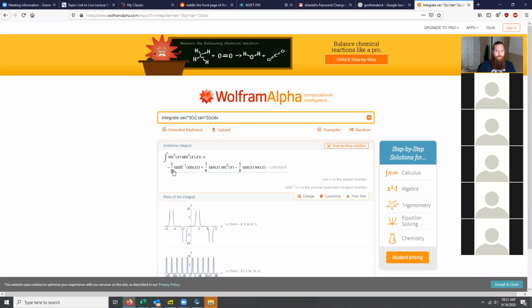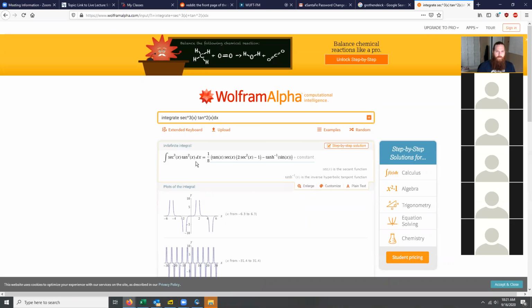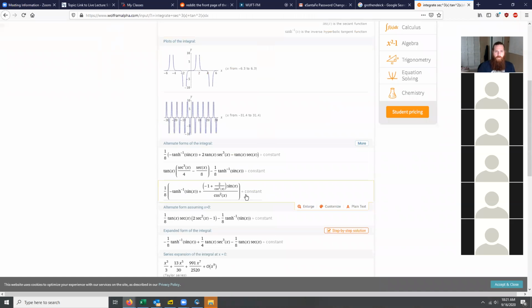So they're giving the natural log term as an inverse hyperbolic tangent. So this would be like the natural log of secant plus tangent. And then we've got these other terms coming out. It's very, very tricky. It's not at all easy.